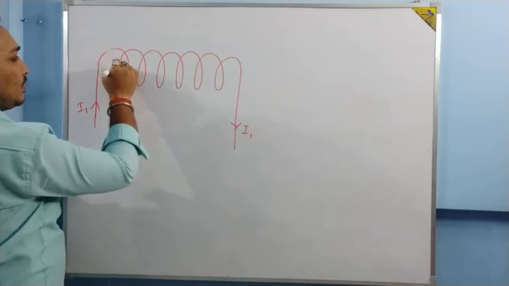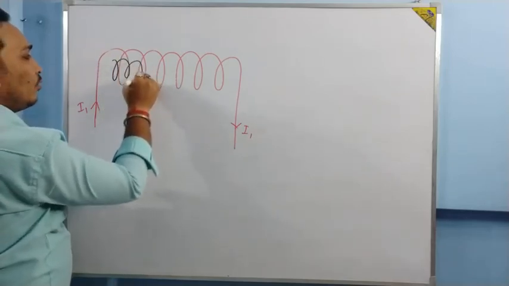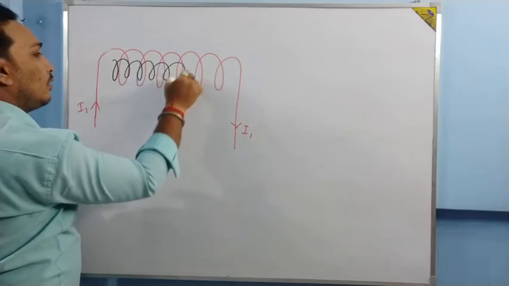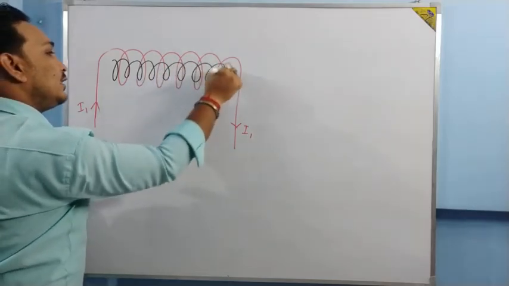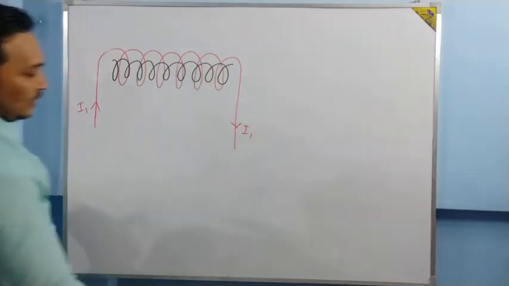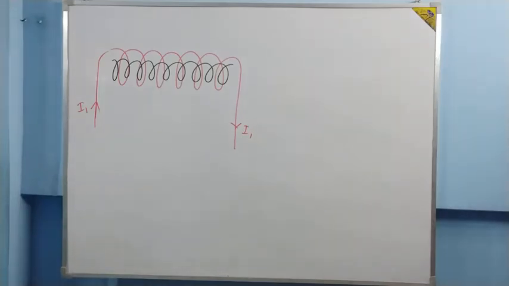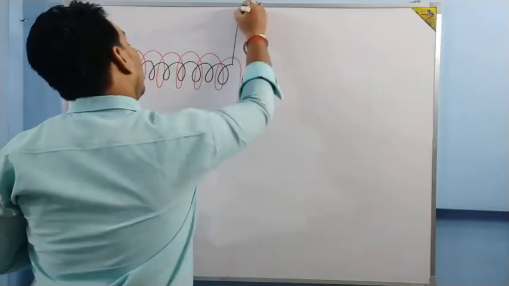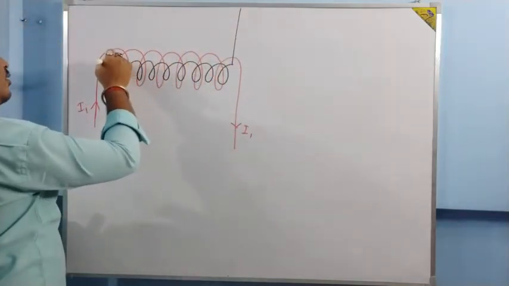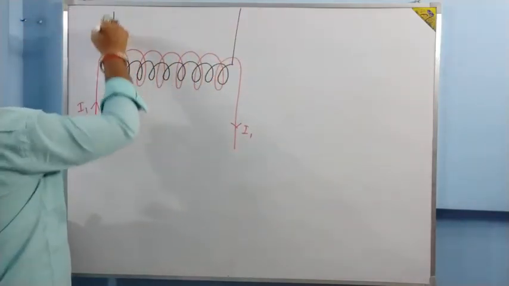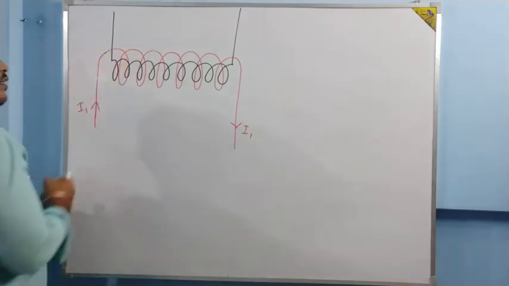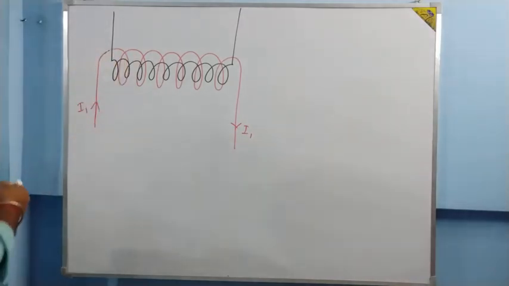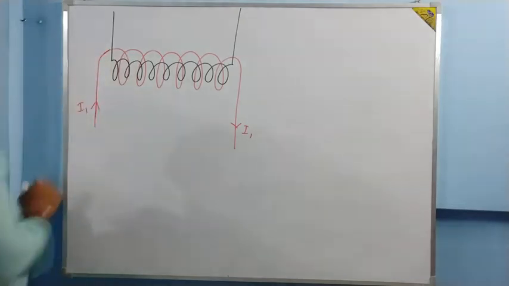Something is special about it. And what is that thing? It is inside the first solenoid, right? Wires are not joined over here. It is just made like this.